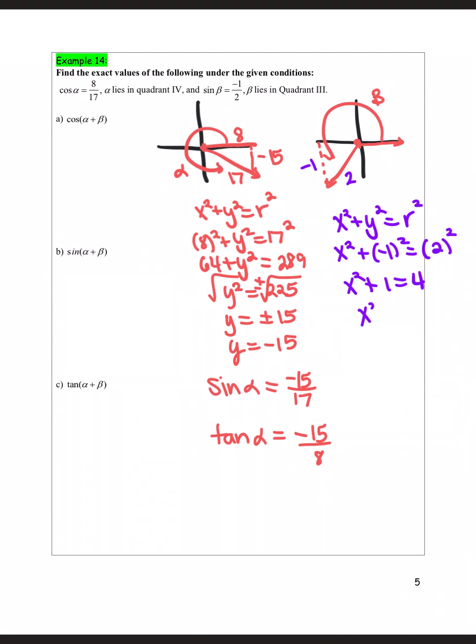Subtracting 1, x squared equals 3. And when I take the square root of both sides, it's plus or minus square root of 3. But in this case, because we're in quadrant 3, it's negative square root of 3.